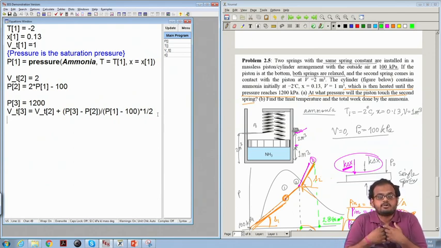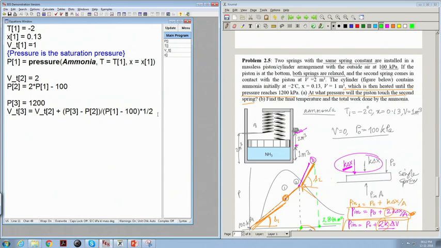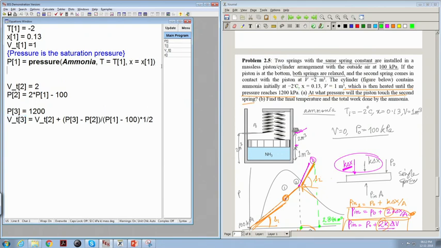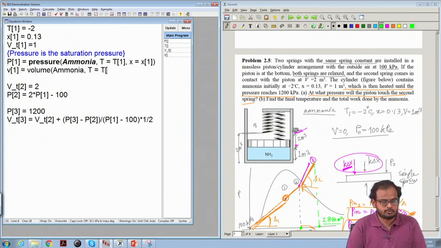To find out the temperature, we need to use two independent properties, one of which is the pressure, and the other we can find out by using the total volume and the mass. So let's find out first the mass of the total ammonia. The specific volume at 1 is equal to the specific volume of ammonia at T equal to T1 and X equal to X1.